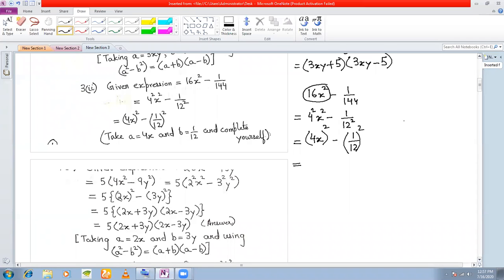So now a becomes my 4x, b becomes my 1 by 12. So now I'll use the identity (a plus b) into (a minus b). a is 4x and b is 1 by 12. So this expression has been factorized into 2 factors. Yes, sir. Okay.